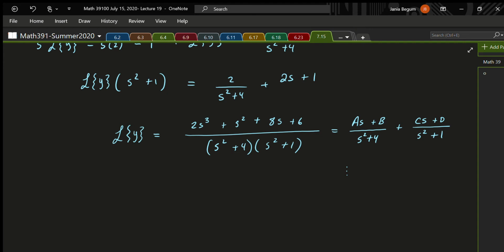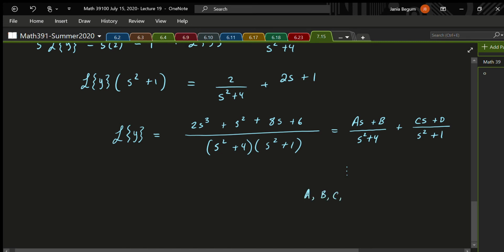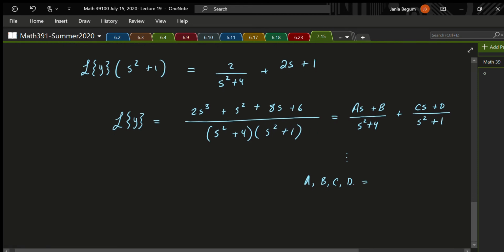Okay, so I didn't solve this question, but if you continue, you should be able to find A, B, C, and D. And then once you have them, you want to set up the format that we have on the table for the Laplace transform. That's algebra. So you'll have the Laplace transform of y is equal to, and then once you have those values, you separate the fraction.